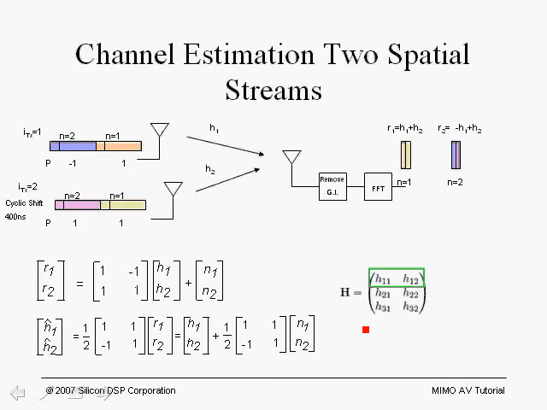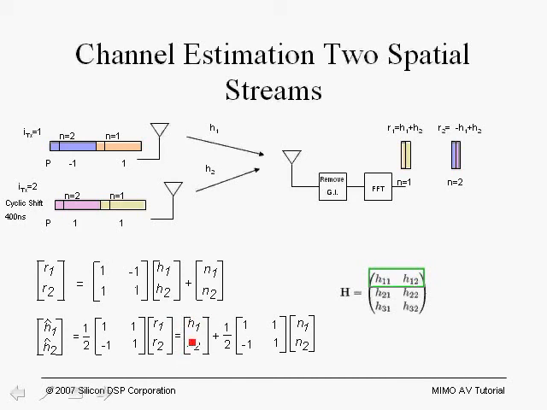If we pre-multiply the received vector R1 and R2 by the matrix shown here, which is the inverse of the P matrix, so we pre-multiply this vector by the matrix 1, minus 1, and 1, 1, with a 1/2 scaling factor, then the multiplication of this matrix and the P matrix with a scaling factor of 1/2 produces the identity matrix.